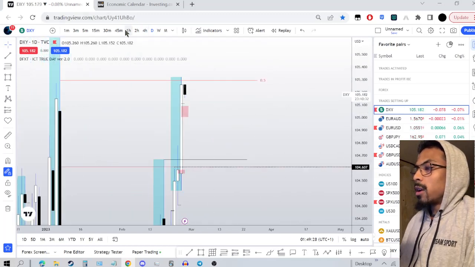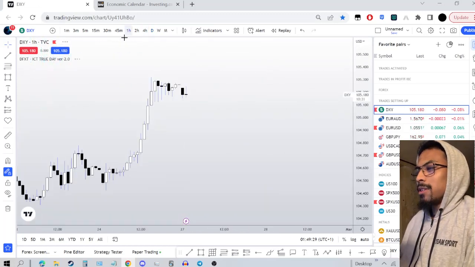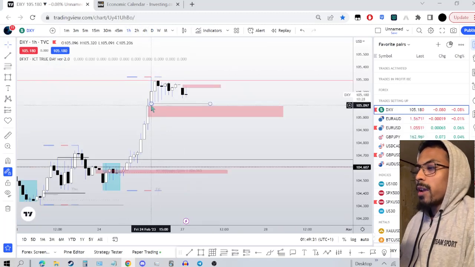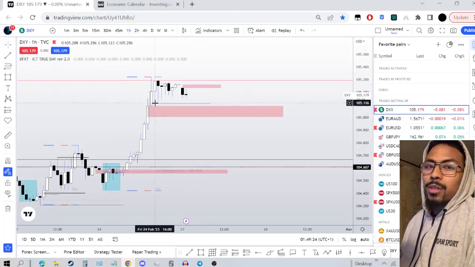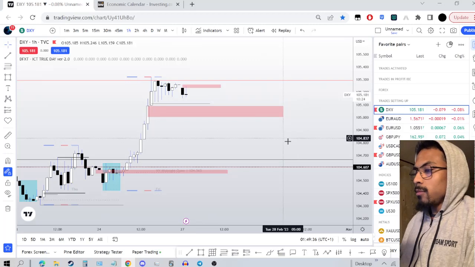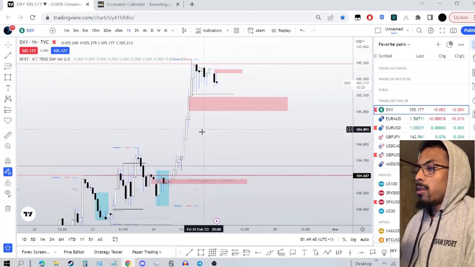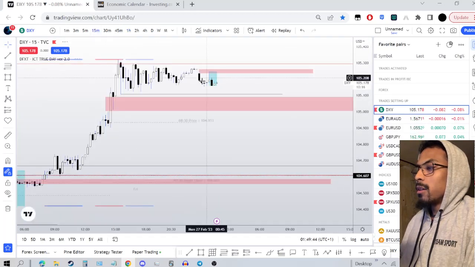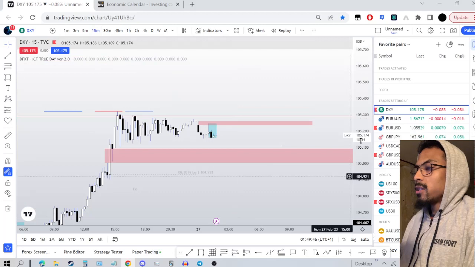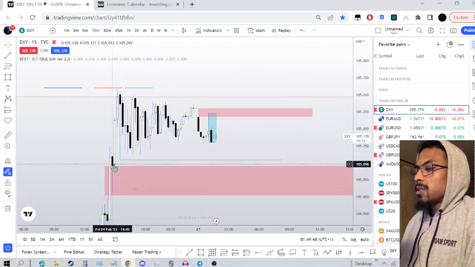If we go down to the 1 hour time frame, you can see that we have a fair value gap right here resting under a sell side liquidity pool, right? I don't anticipate us to come all the way down here. Maybe Asia can continue to accumulate inside of this range from high to low, leave sell side liquidity.